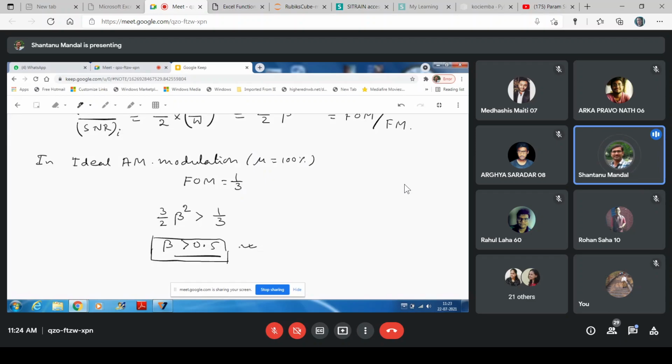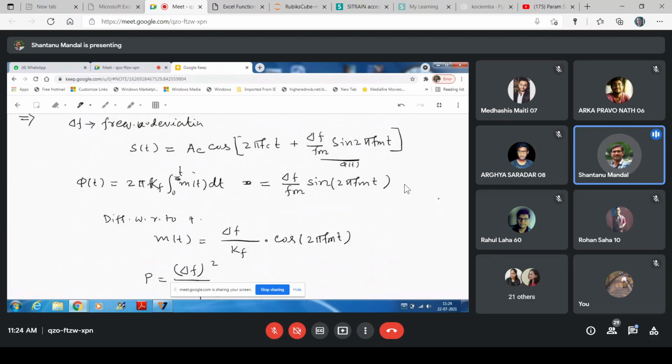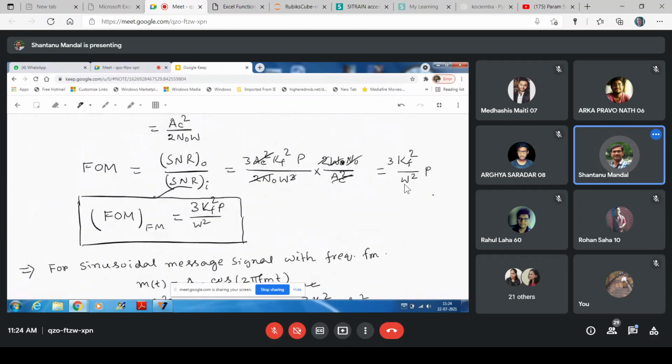If beta is less than 0.5, then it is considered a narrowband effect. So this is a special consideration along with the AM signal.